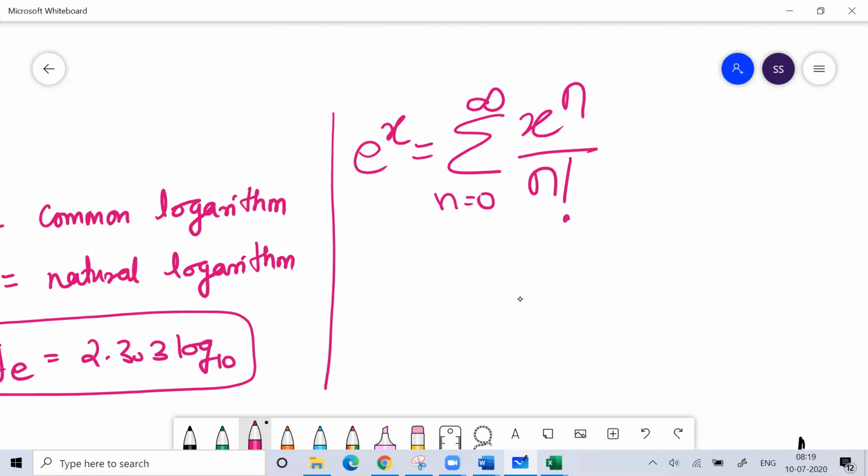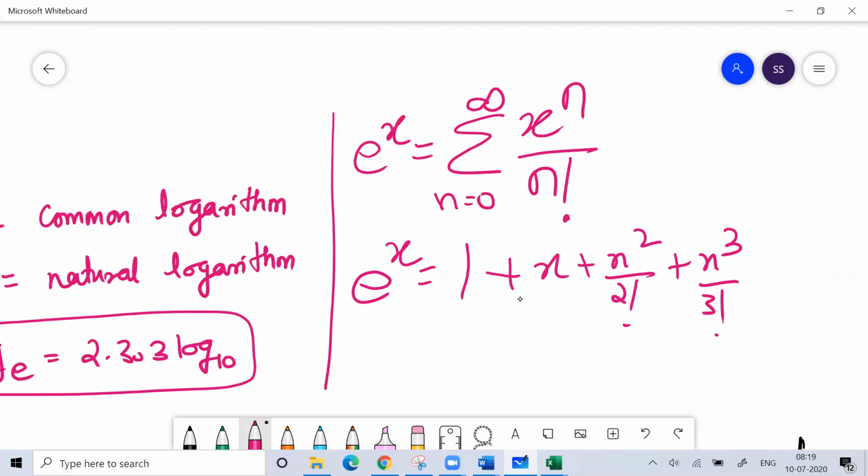In Wikipedia, if you search for the value of e, it will show you like this: e to the x is 1 plus x to the power 1 by 1 factorial plus x square by 2 factorial plus x cube by 3 factorial plus x to the power 4 by 4 factorial, and then it goes till infinity.